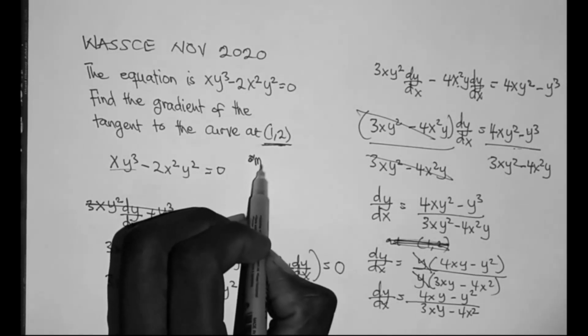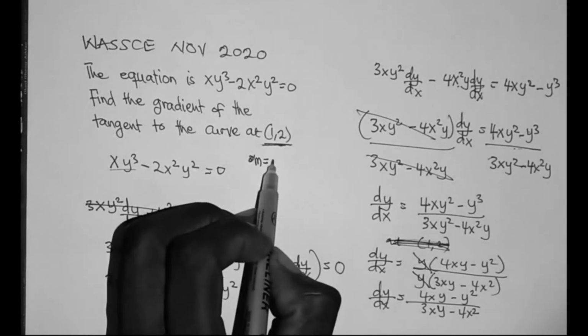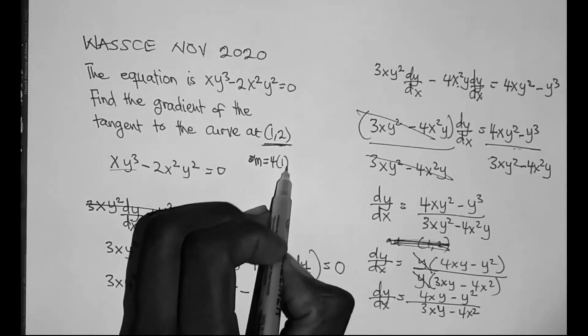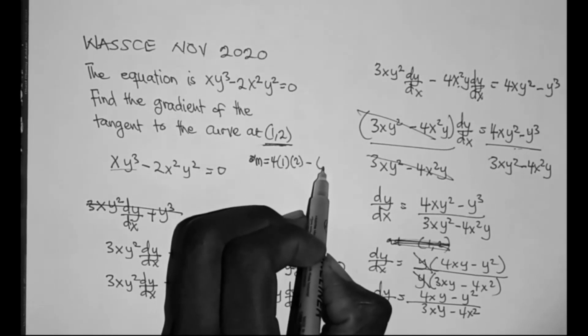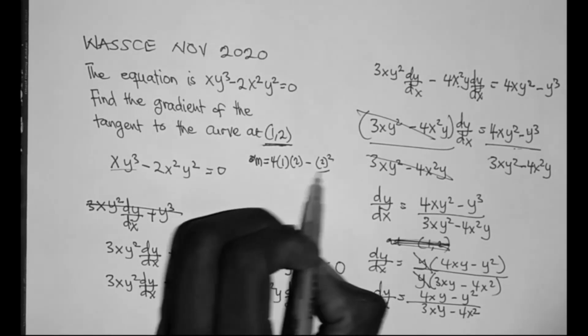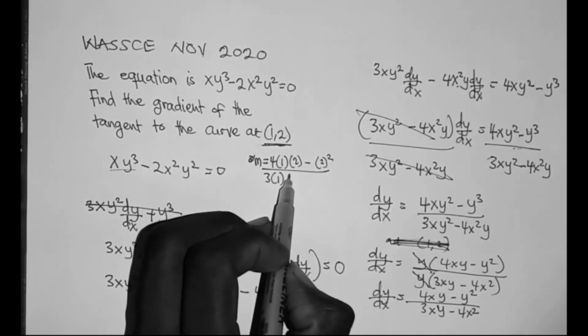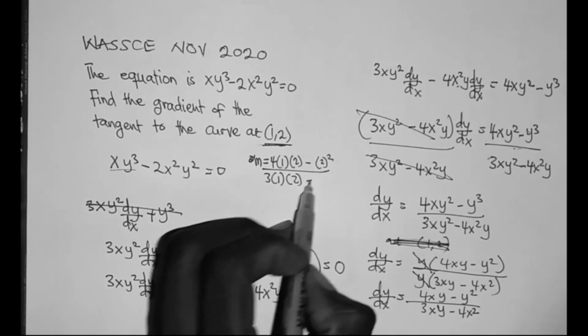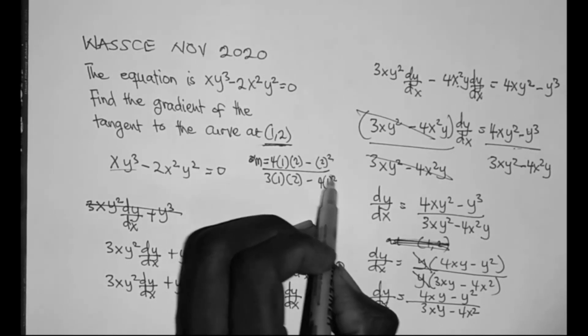So the gradient m is equal to, wherever you see x you put 1, and wherever you see y you put 2. So this becomes 4 times 1 times 2 minus y^2, which is 2^2, divided by 3 times 1 times 2 minus 4x^2, which is 4 times 1^2.